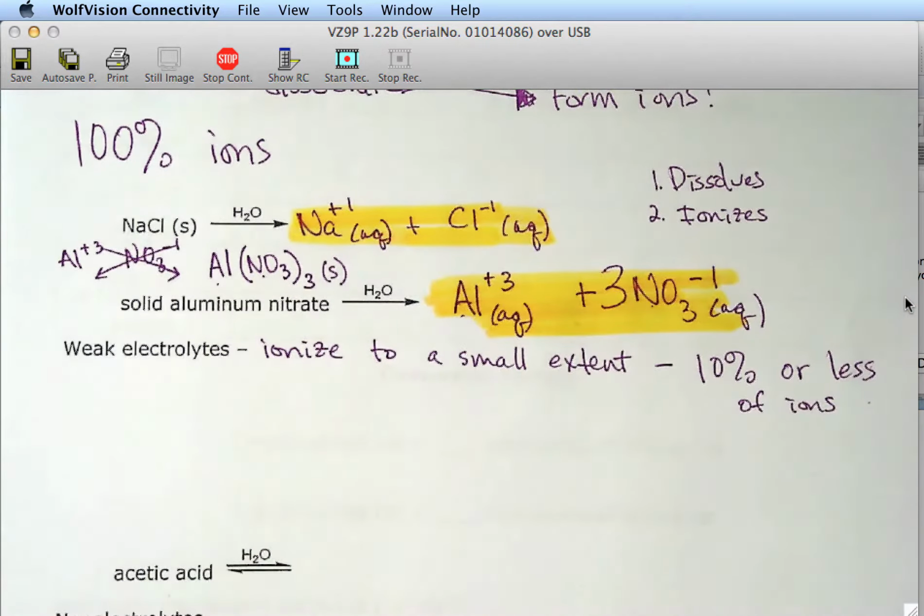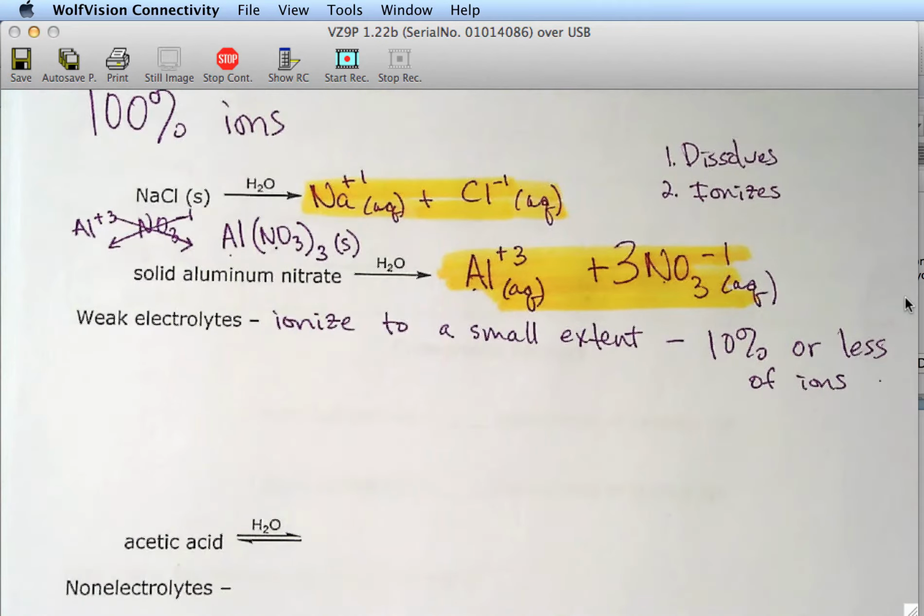So most often, weak electrolytes are polar covalent bonds.